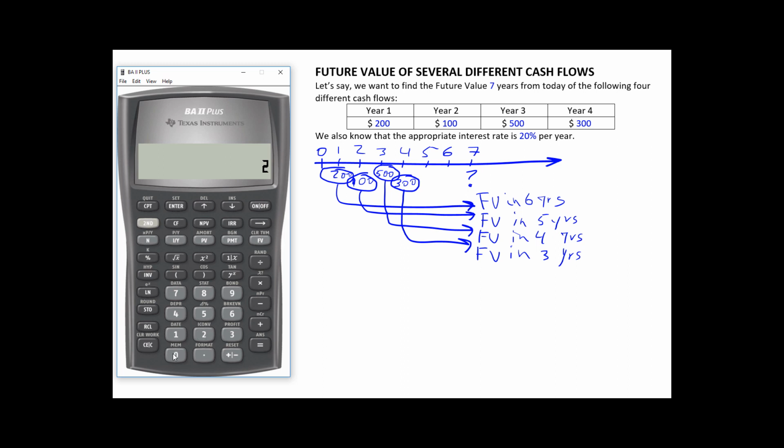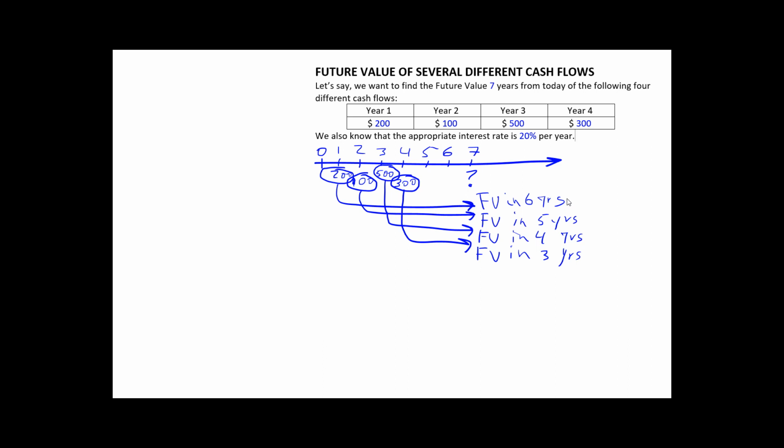I press 20 IY. We want to find the future value after 6 years. I press 6 N, and what I want to calculate is the future value. Compute FV. So I get $597.20.